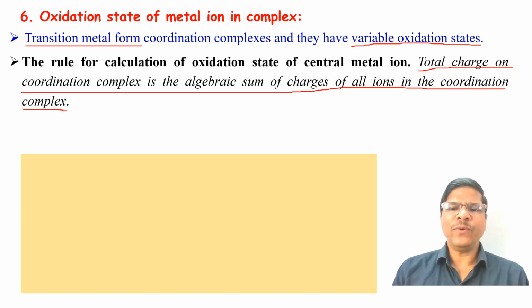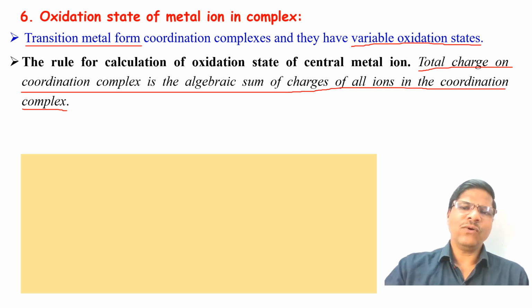Okay, so if you take the sum of charges of all these chemical species, the ionically bonded species, the central metal ion and the ligands, that gives rise to the total charge on the complex ion or the coordination complex.